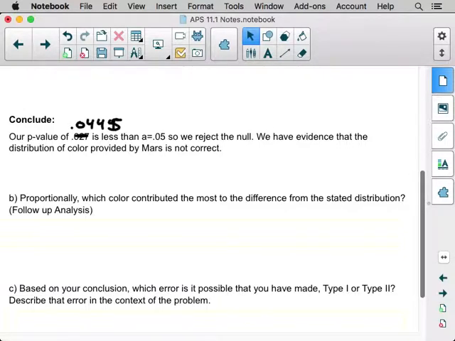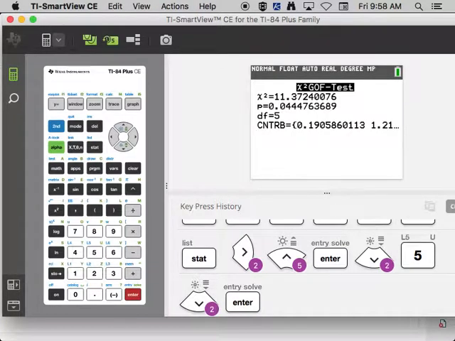So this list in the calculator of the contributions, this is saying proportionally how much is being contributed by each of these colors. Blue contributed 0.19 to the chi-squared test statistic. Orange contributed that much. Whoa. What was third on the list? Was that green?